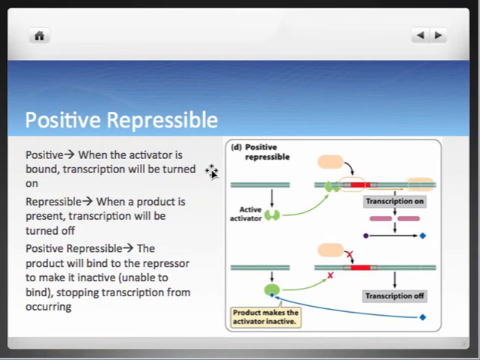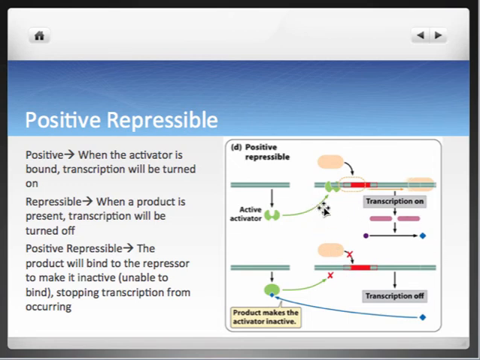Finally, positive repressible. Positive again means that we need to have the activator bound for transcription to occur. Repressible means that when a product is present, transcription is going to be turned off. And so if we have the product present, it's going to be binding to the protein to make it stop binding to the DNA, so transcription cannot occur.